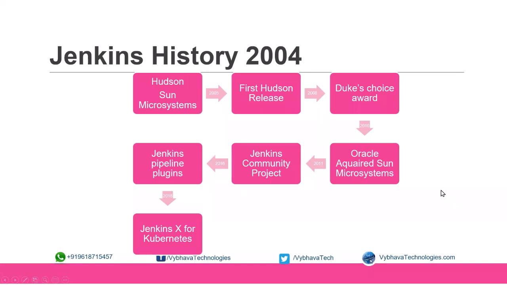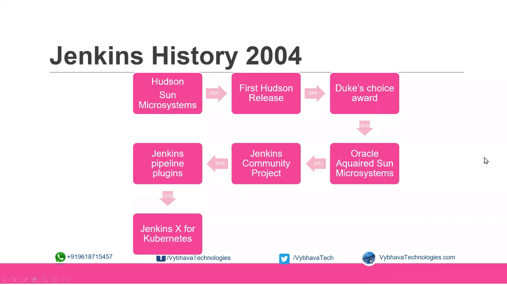Jenkins latest pipelines are now so popular. People say pipeline as code is the latest trend, and it is used in DevOps, DevSecOps and SRE tools. Jenkins X is specially designed for lightweight microservices architecture that supports Kubernetes. So this is the high level overview of the history behind Jenkins.